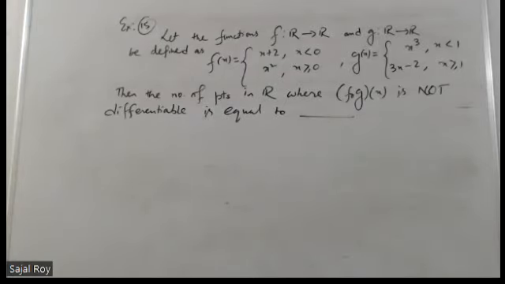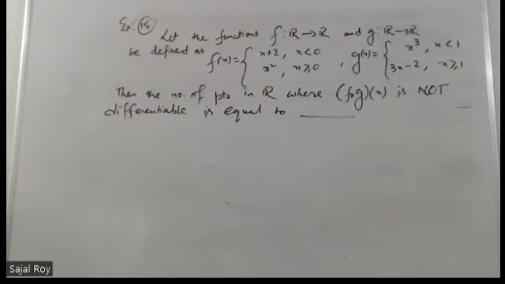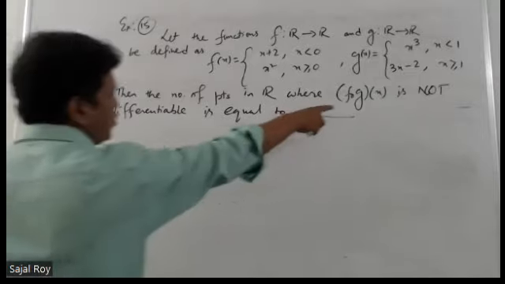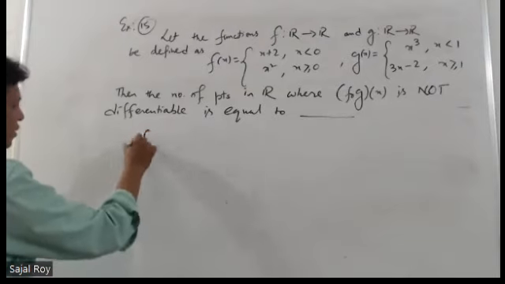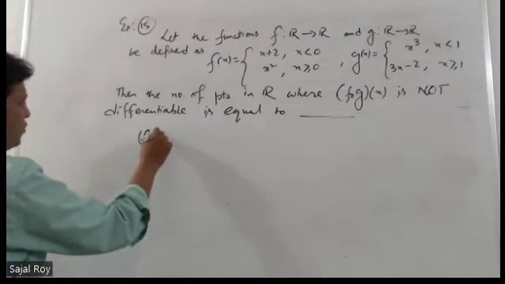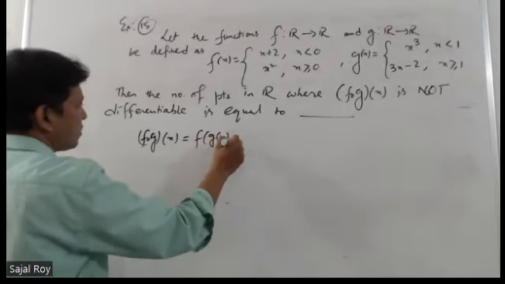So you have composition of functions. Let us first find out the f circle g. This is a very good problem. First, let us find out f of g of x, that is f of g(x).